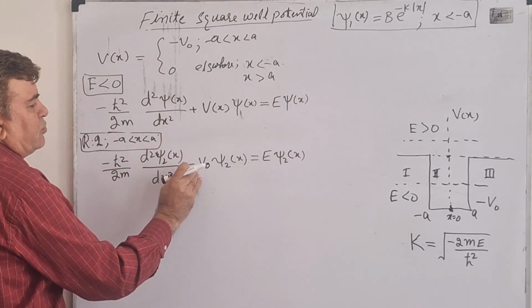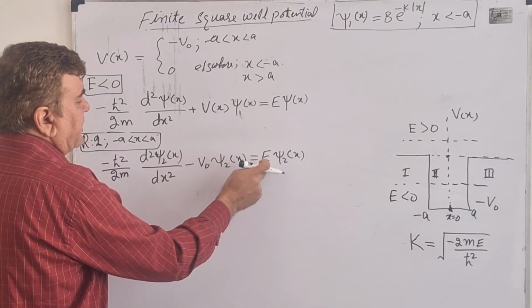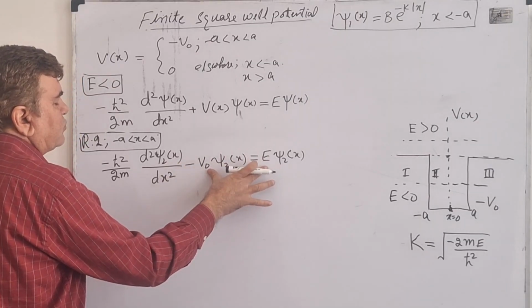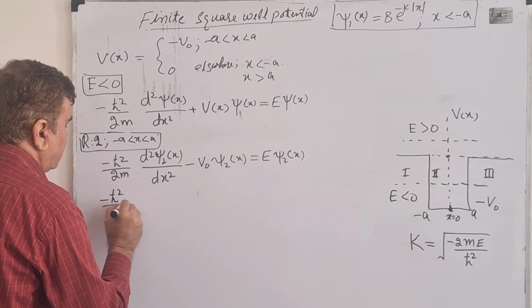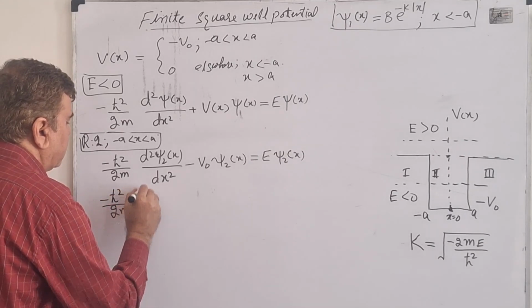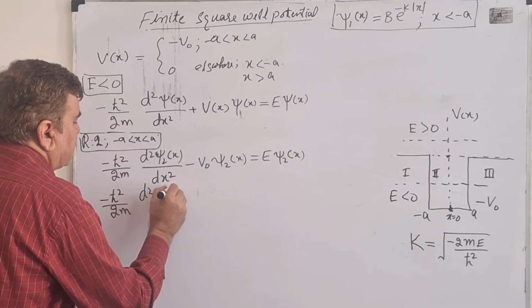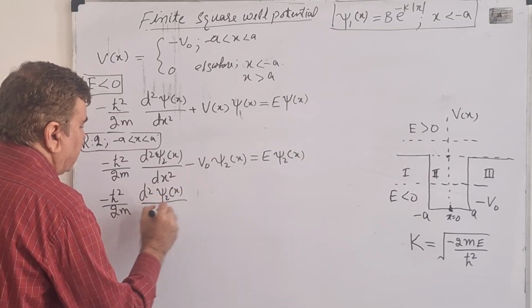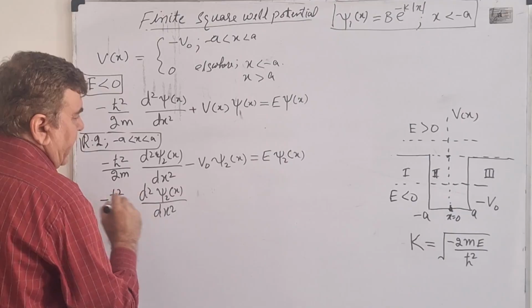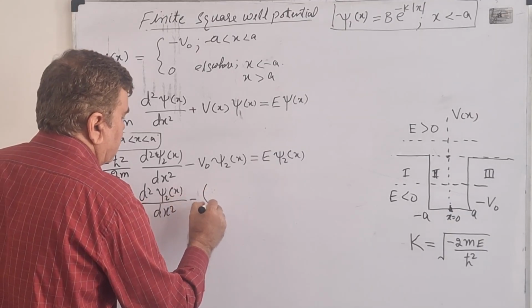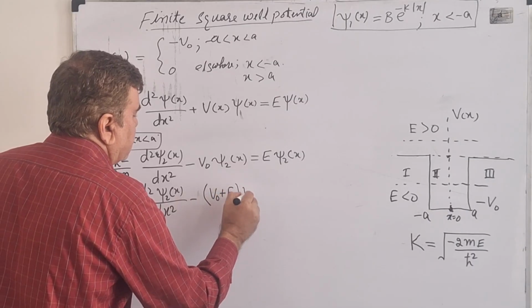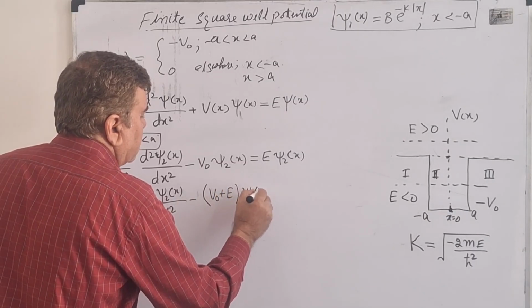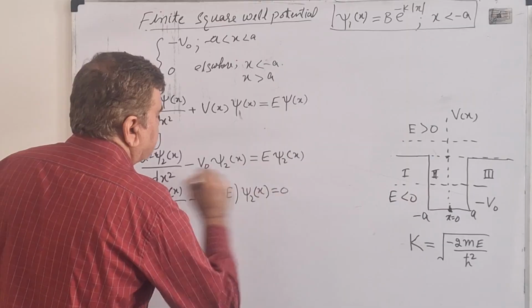I take this term to this side, so it would become minus, and then taking the minus common from these two terms, I can put the equation in the form minus h bar squared divided by 2m d squared psi 2 of x divided by dx squared minus (V naught plus E) psi 2 of x equals 0.